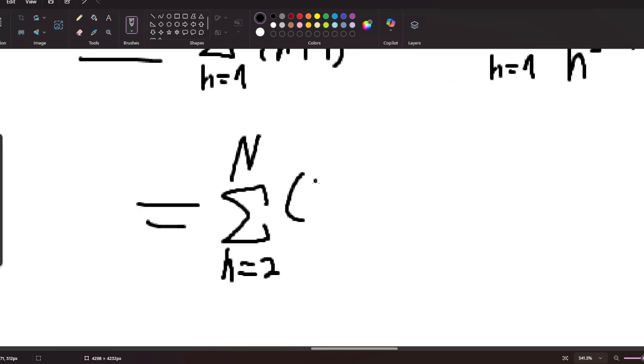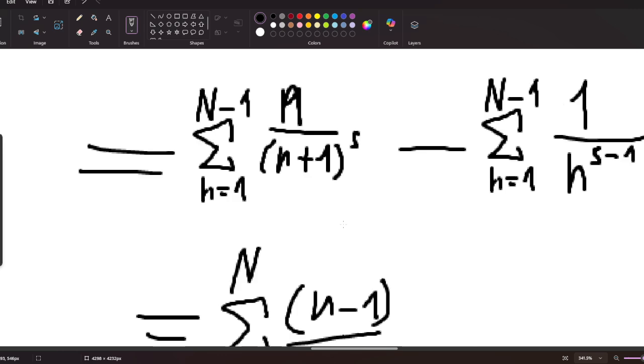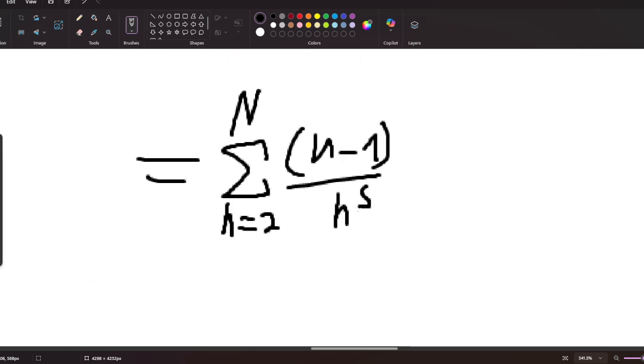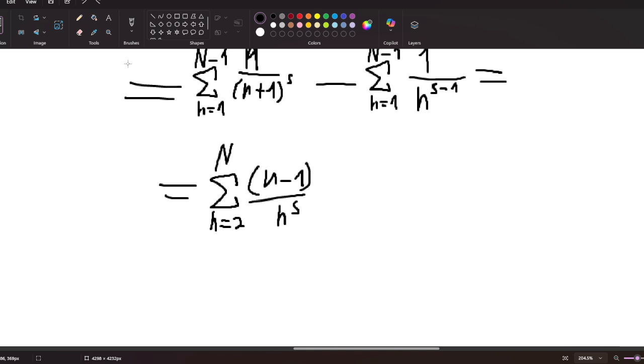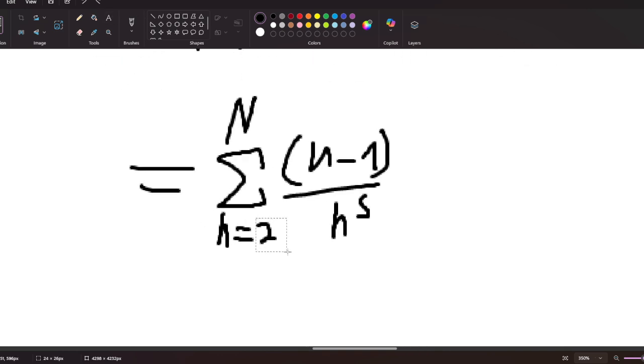What we get here is n minus 1 over n to the power of s. Now we can split this again. And also we can replace the lower bound with 1 due to the fact that the first term will be just 0, so it doesn't matter. So let's go ahead and split this.